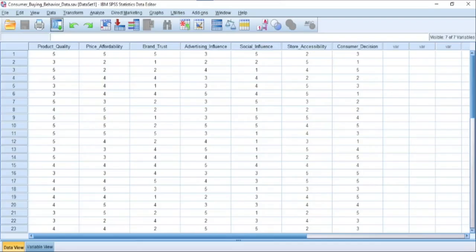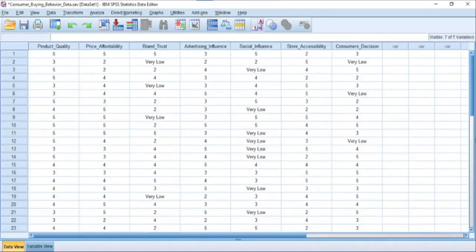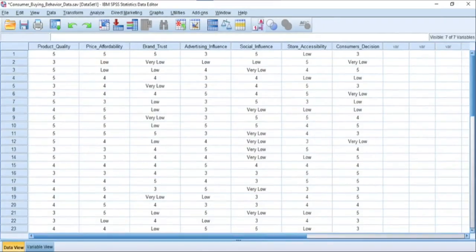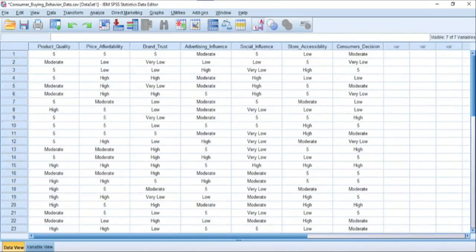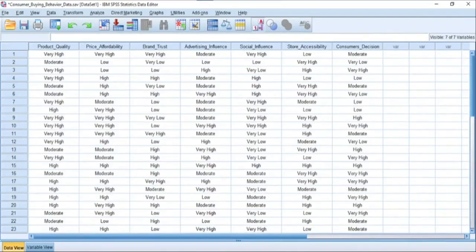Each respondent rated their views on a 5-point Likert scale, where 1 is coded as very low, 2 as low, 3 as moderate, 4 as high, and 5 as very high across variables such as product quality, price affordability, brand trust, advertising influence, social influence, store accessibility, and consumer decision, which reflects the consumer's likelihood to purchase.